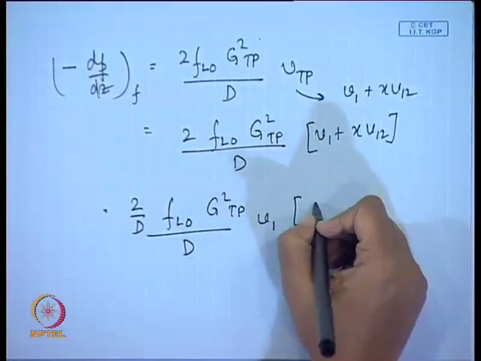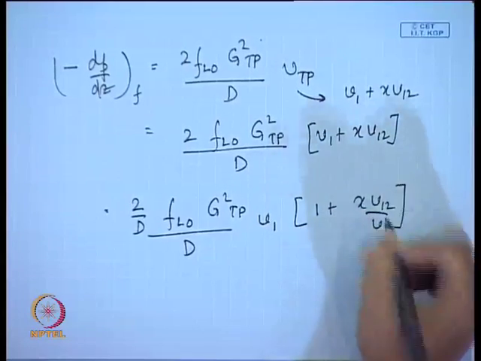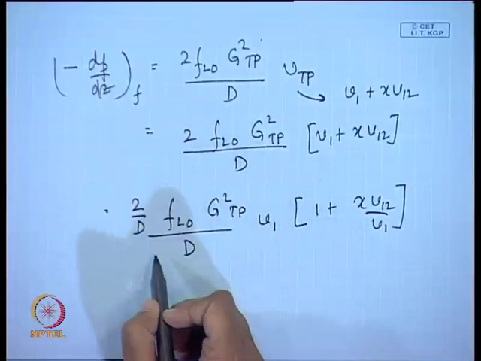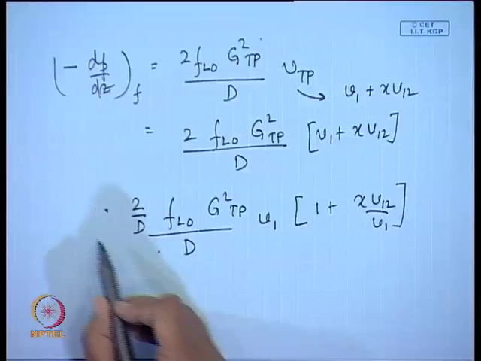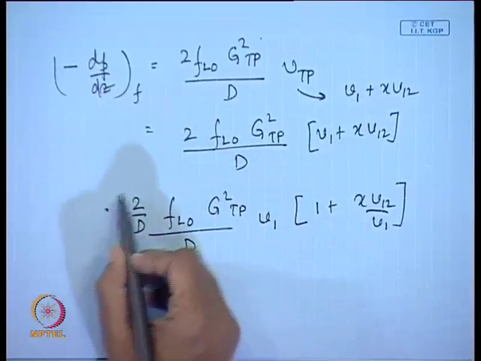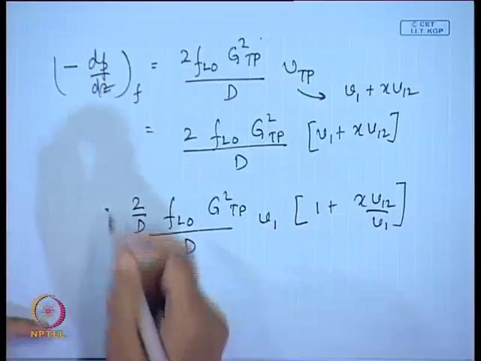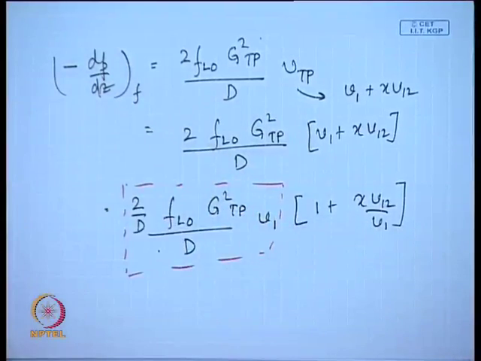I have just taken out V1 and then it becomes this form. Now, why have I written the third step from the second step, can you tell me? Moment I have expressed it in this particular form, what do we find? What is this particular expression, any idea? What does this signify?